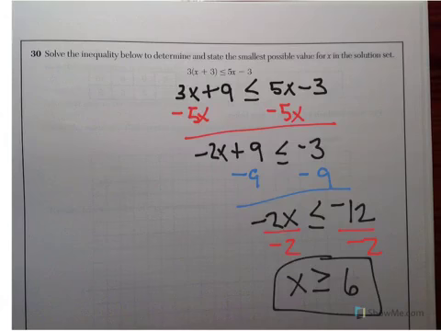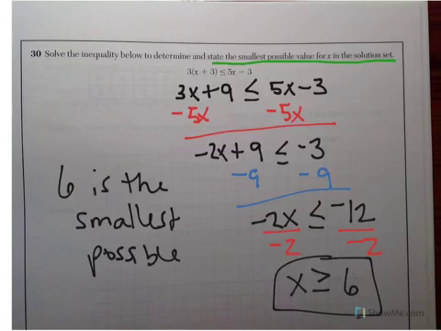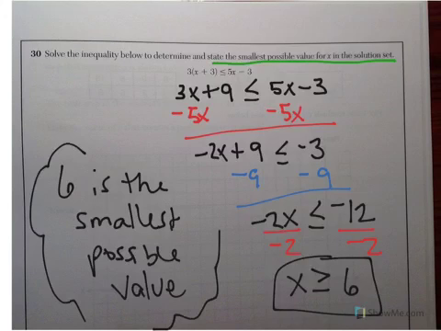Here is your answer, and when it says state the smallest possible value for x in the solution set, well, 6 is the smallest possible value because it's greater than or equal to 6.